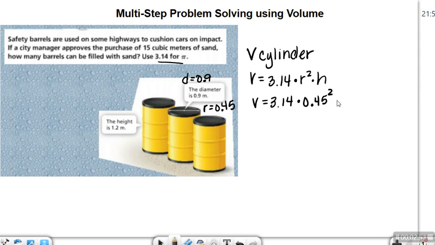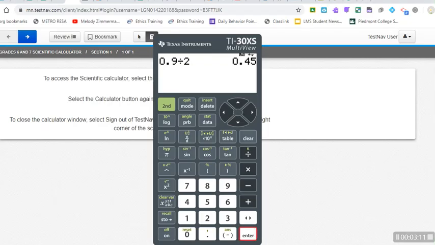All right, so 0.45 squared times, and then the height is 1.2. So times 1.2. All right, so now we're ready to put all this in our calculator. 3.14 times 0.45 squared times 1.2. Okay, let's see if I can remember that. All right, I'm going to clear it.